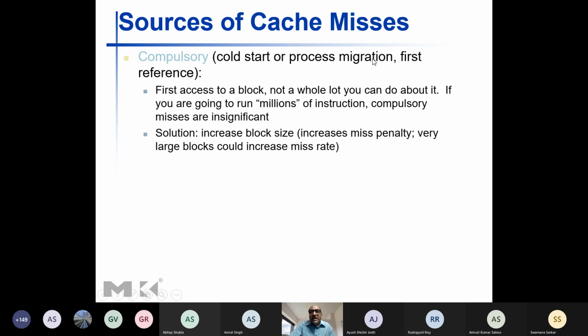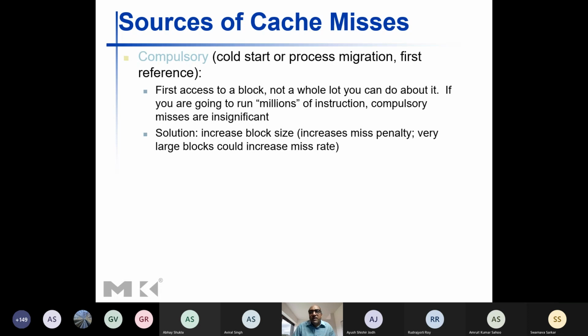Sometimes there is program migration. Program migration means sometimes a process is shifted from one core to another core, because we may have an octa core or quad core, for example. The process may be in core 1, and because of some scheduling it has to be shifted to core 3.